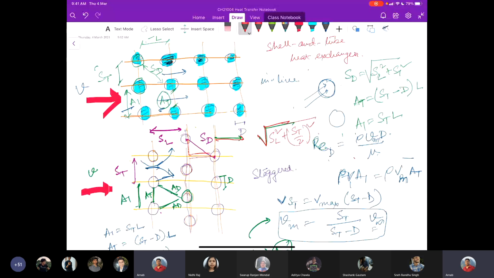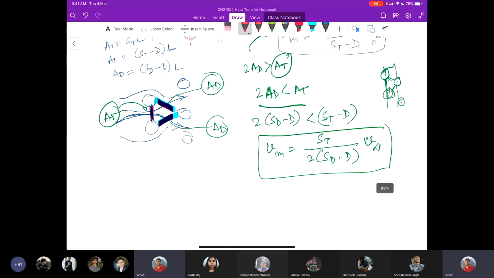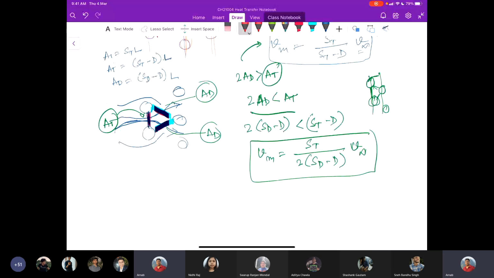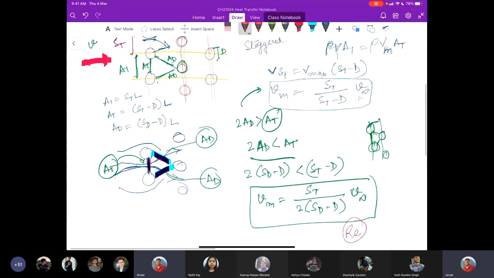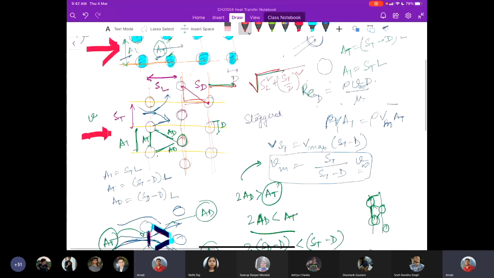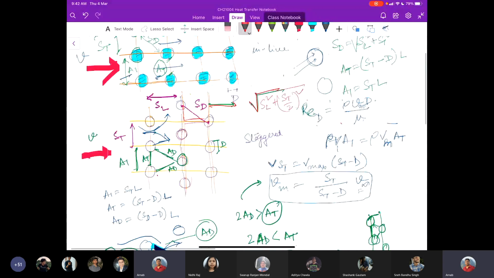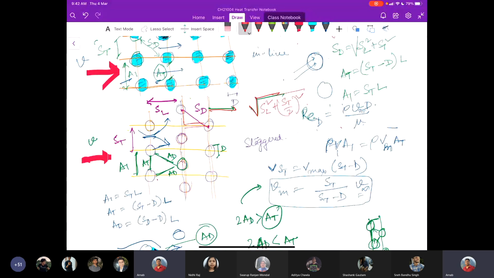So you have to do these calculations carefully, because then you can calculate the Reynolds number depending on the dimensions given for such an arrangement. If this is inline, the situation is relatively more straightforward than the staggered case.